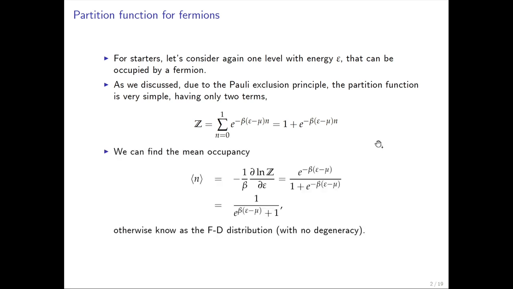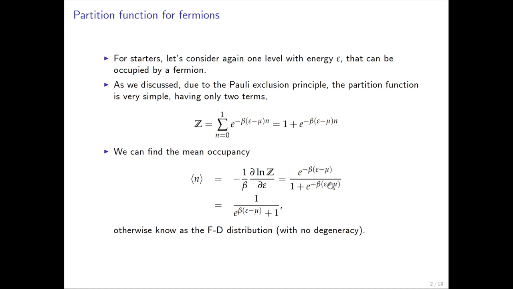Okay, so of course we can find the mean occupancy. We just take the partial derivative, as we showed in the last couple of lectures, of the log of the grand sum, multiply that by minus 1 over beta, and if we do that we directly get this term.